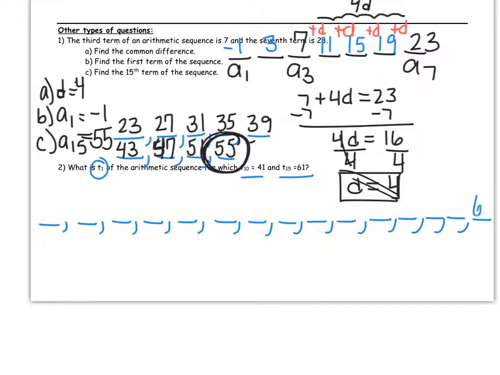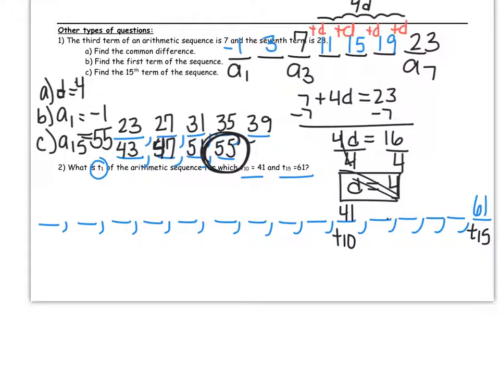So we know the 15th term is 61. So we'll say this is t sub 15. And we'll say t sub 10 is here. So let's just check it.